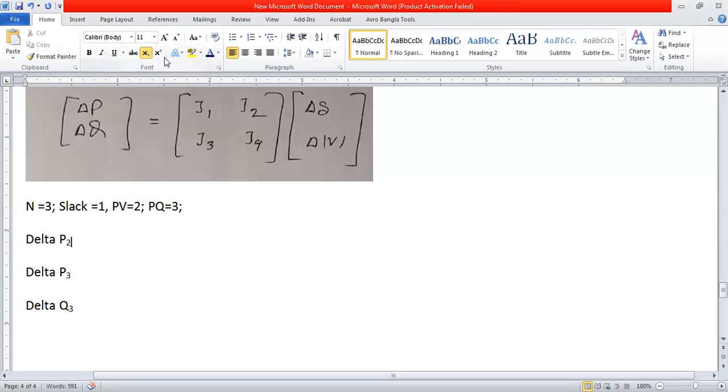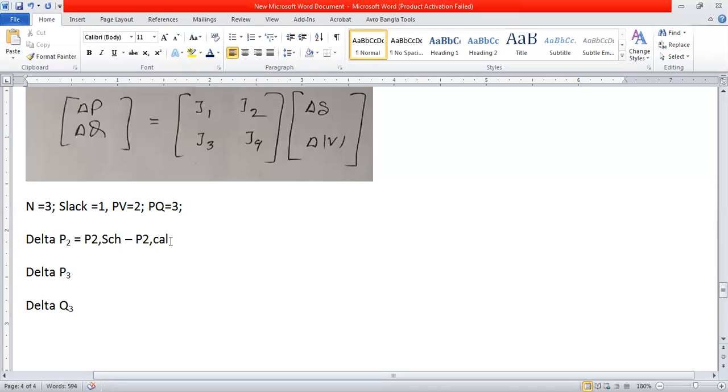And what does delta P2 mean? Delta P2 means P2 scheduled minus P2 calculated value.